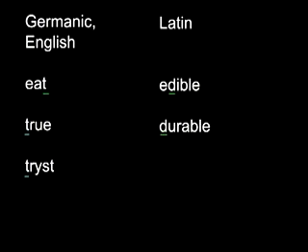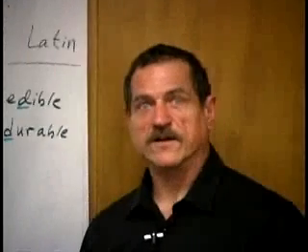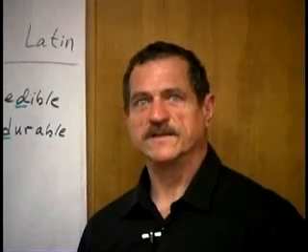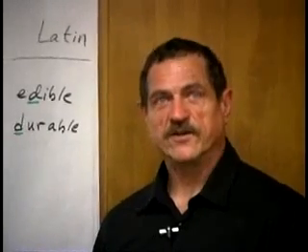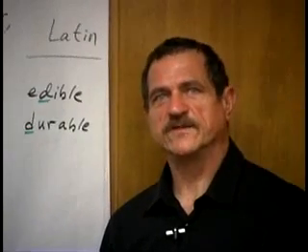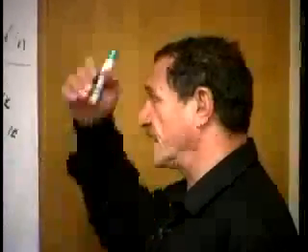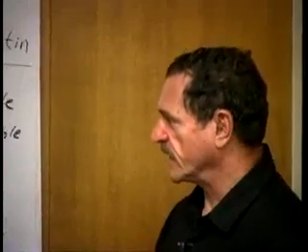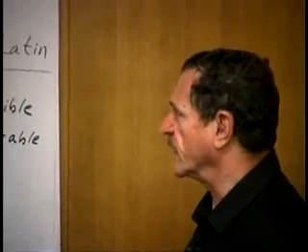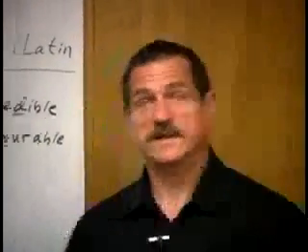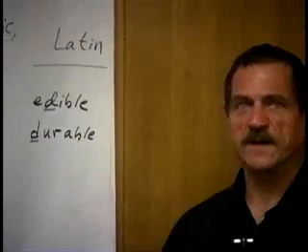And that's the case with true and durable. So the TR of true are really the same as the DR of Latin. Both of those roots go back to the same Indo-European source. The Indo-European source is realized in Latin as DUR, realized in Germanic with a T before the R. And you can see still some meaning correspondence.